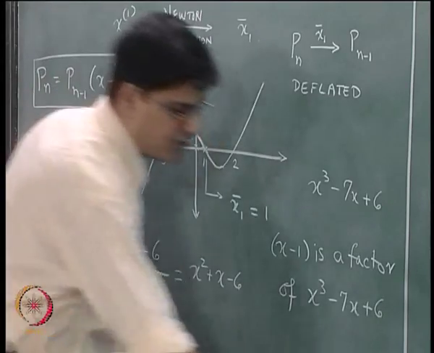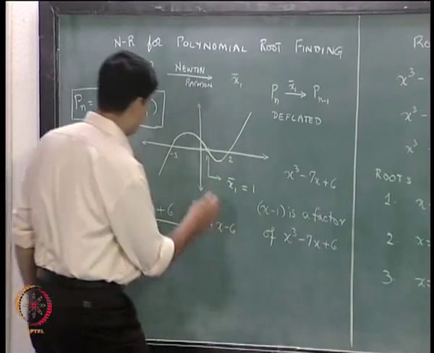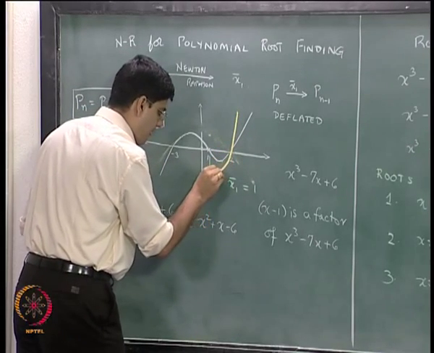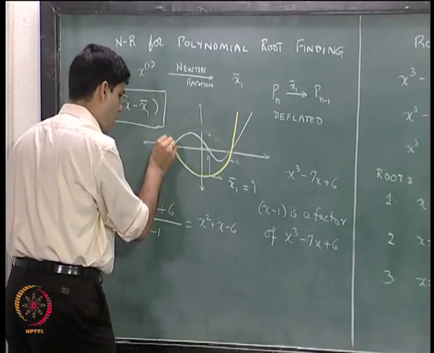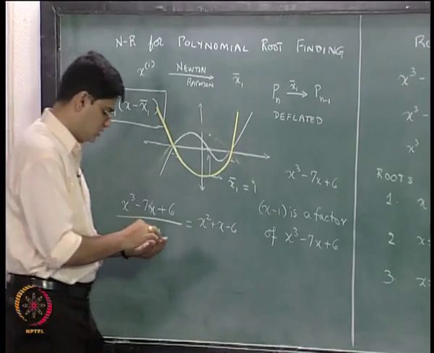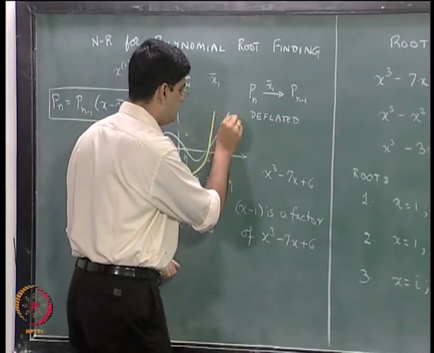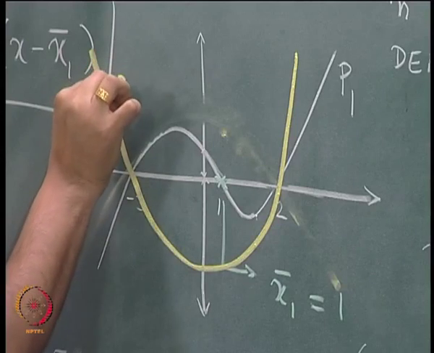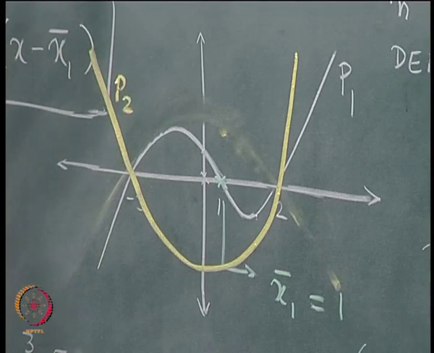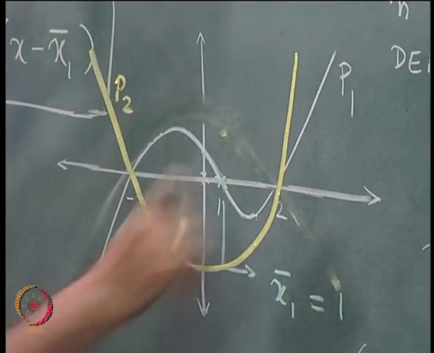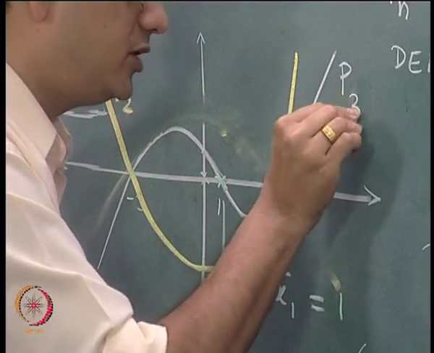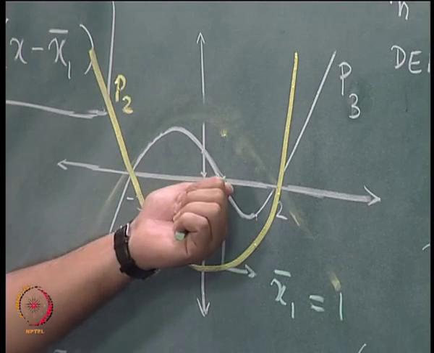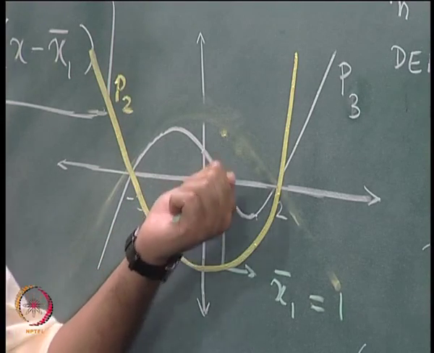The curve x square plus x minus 6 perhaps would look like this. So this was our P3, and from P3 we went to P2 after deflating out the factor x minus 1.